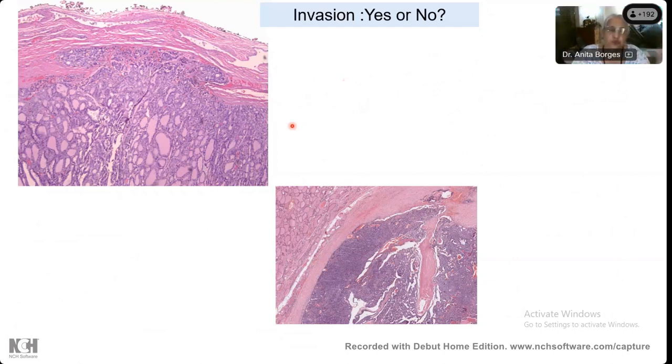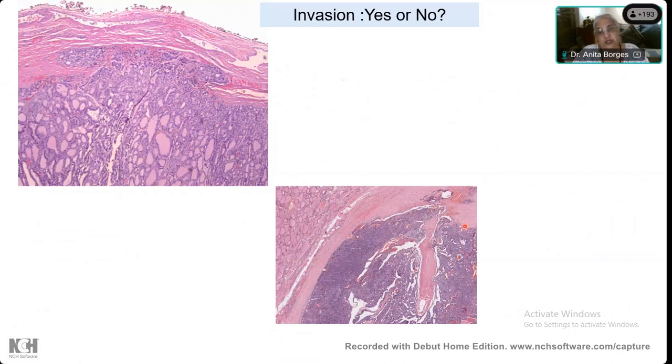You have to look carefully as to what it is that we are actually seeing. This is not the capsule of the tumor. This is too thick to be the capsule of the tumor. You can see the capsule of the tumor, which is here, and you can see the thickness of this capsule, and this tumor has mushroomed out through the capsule of the tumor. So in my book, yes, it is an invasion of the capsule.